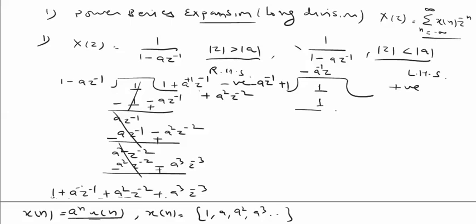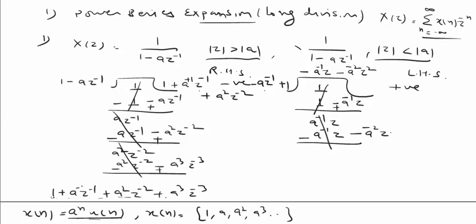Now it becomes 1, and the second term is minus a inverse z, which becomes positive a inverse z. This a inverse z multiplies with this term, again negative a square z square. I carry forward this term and positive a square z square positive.